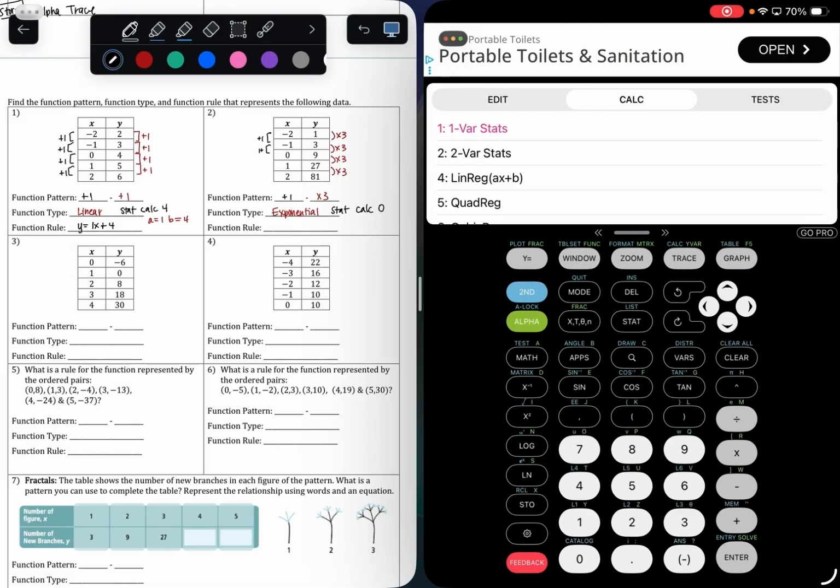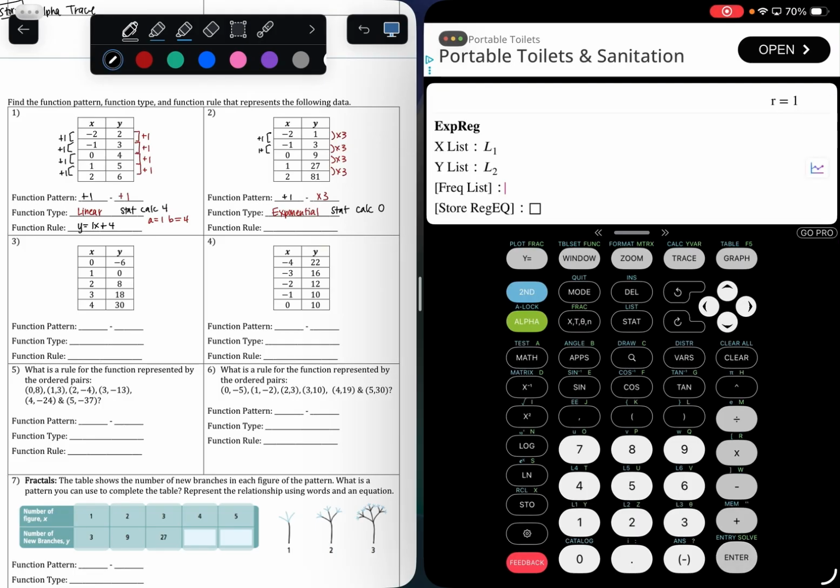Stat, right arrow to calc, and then you can scroll to 0, or you can just press 0. And then scroll down to store regression equation, alpha trace, and then you could put this in Y2 if you wanted to, just so it's not in the same. This will be more useful next class, and then enter.